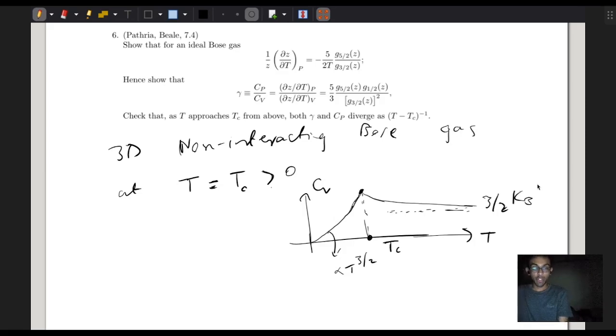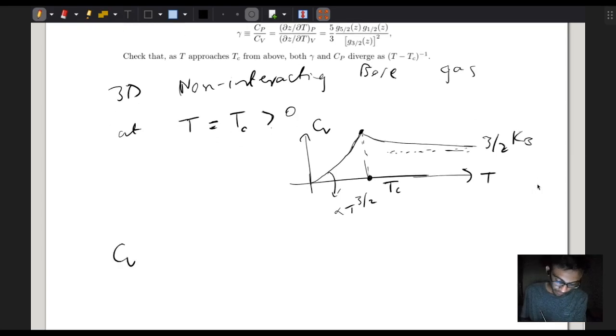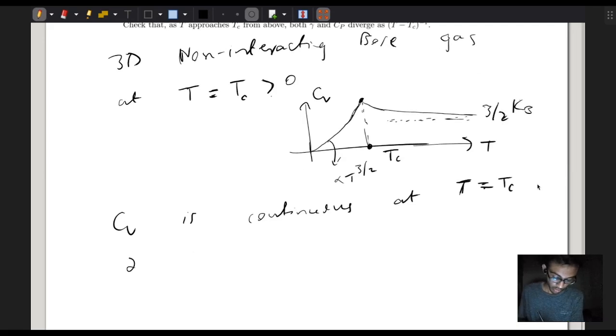What about the specific heat Cp, or the heat capacity Cp? What kind of singularity does it show at the critical point? That is mainly what we're interested in. Notice that Cv is continuous at T equal to Tc, but of course the derivative of Cv with respect to temperature is discontinuous.